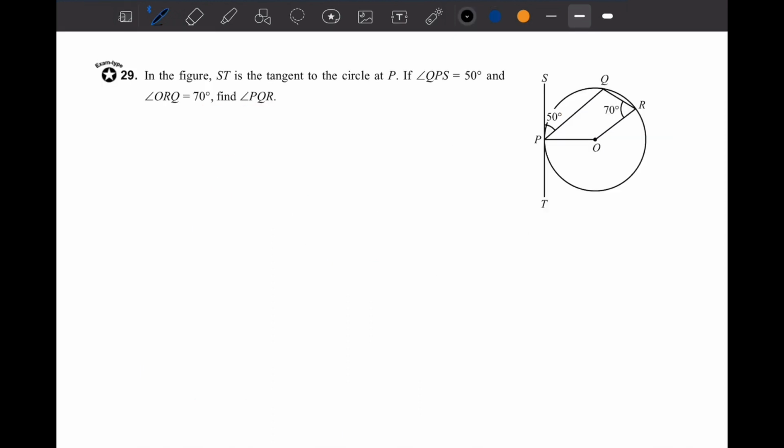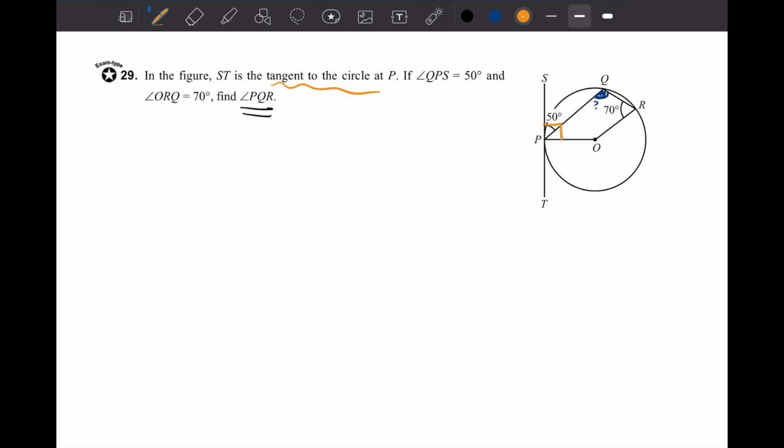So look at question 29. In this figure here, ST is the tangent to the circle at point P, and if angle QPS is 50 degree and then ORQ is 70, find this PQR. So PQR is here. Okay, so this is PQR. So what should we do here?